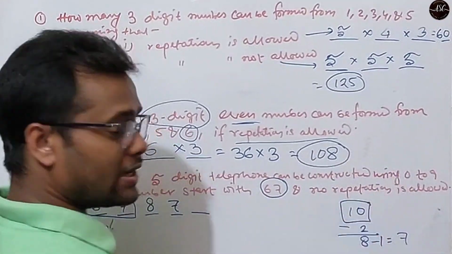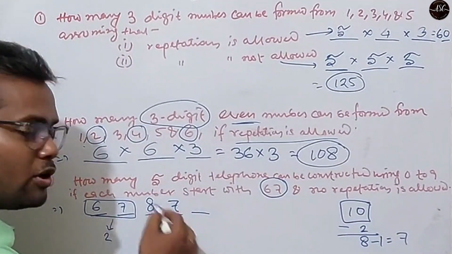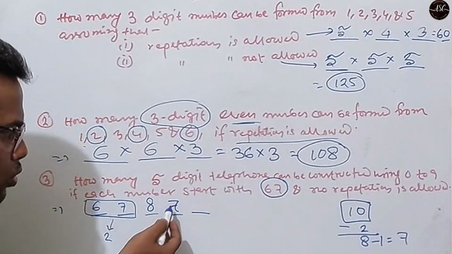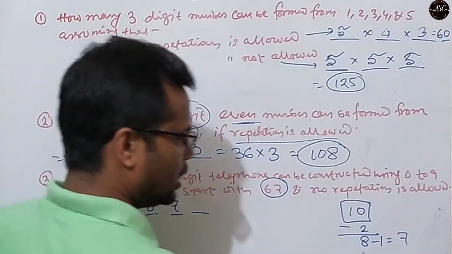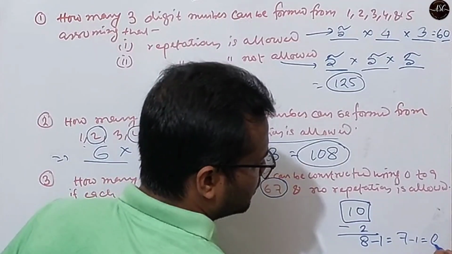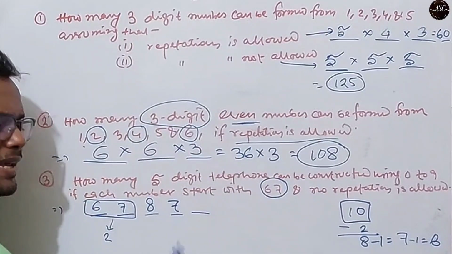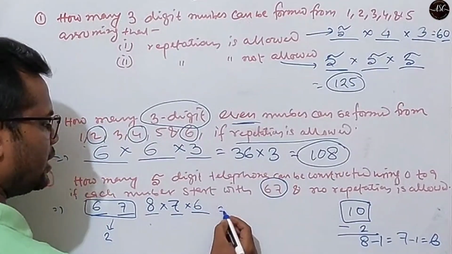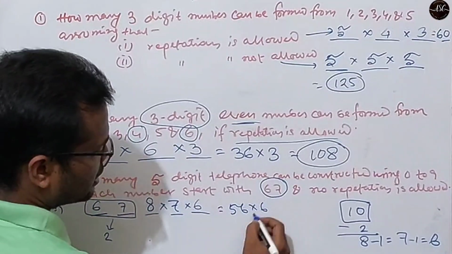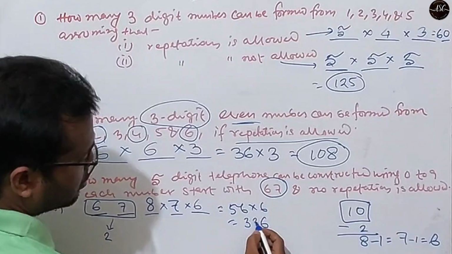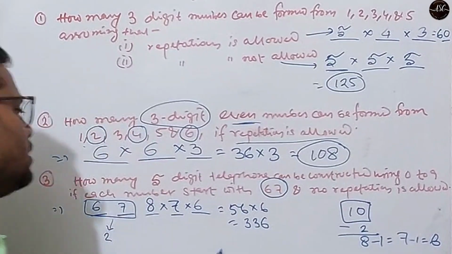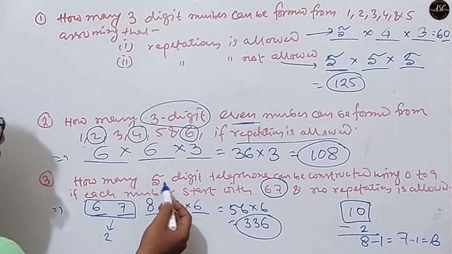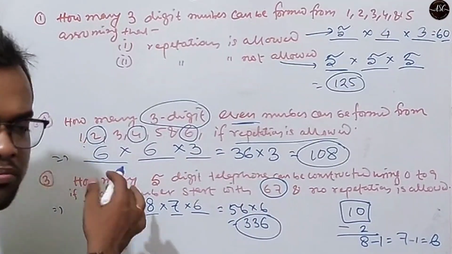As there is no repetition; if repetition were allowed, then here 7 would be 8. Now from 7 we have taken one number, so minus 1 we have 6. So the 6 numbers can be chosen in 6 different ways. Just write here 6. Multiplying this we get 56 into 6, that means 336. So 336 5-digit telephone numbers can be constructed from this.